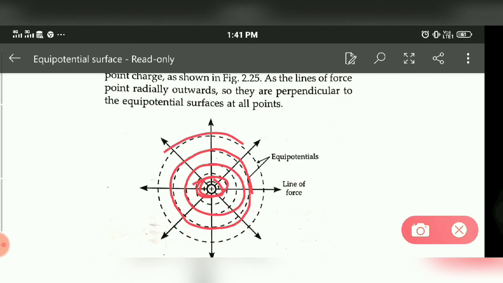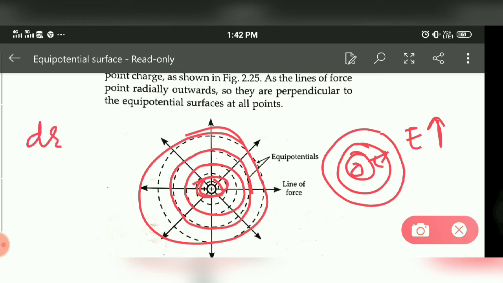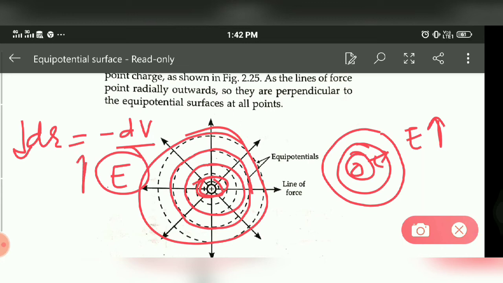Concentric means with the same center. If these concentric circles lie very close to each other, the spacing between them is very small, which means the electric field is very strong. This is from the previous property, that dr equals dV by E. If the spacing is very small, E is very strong there.